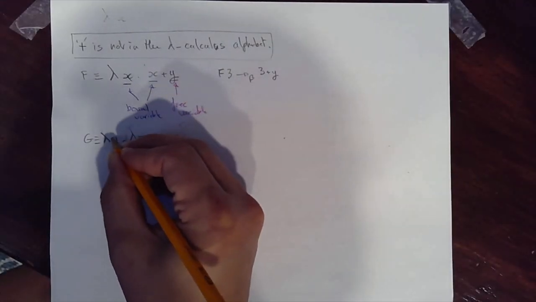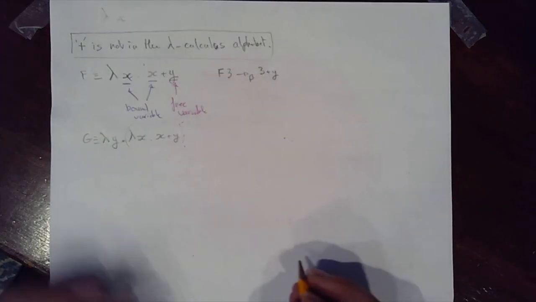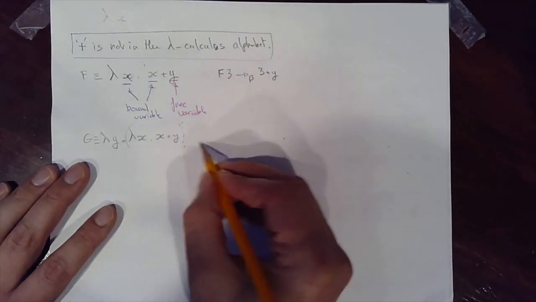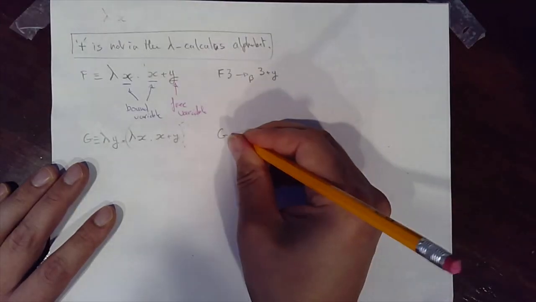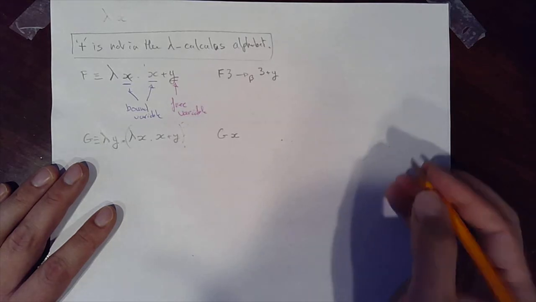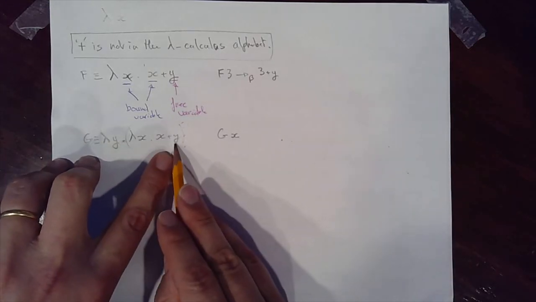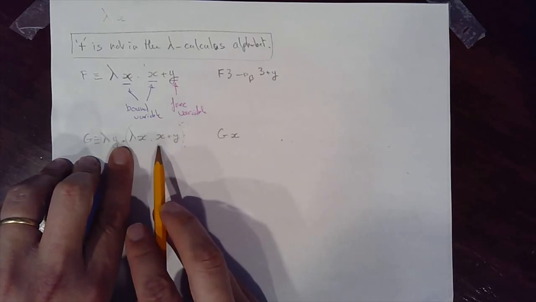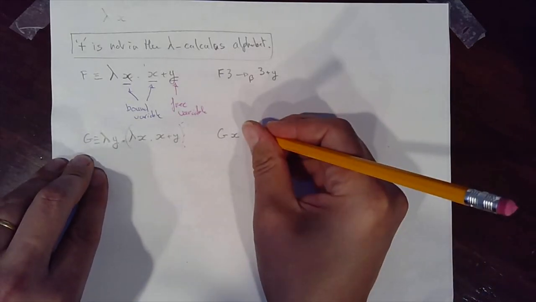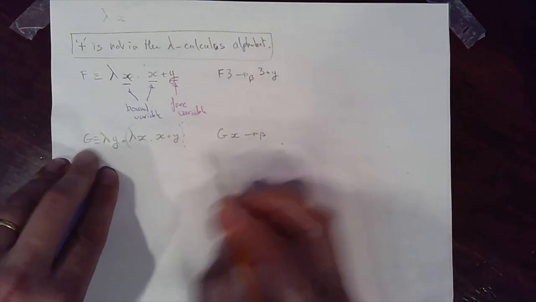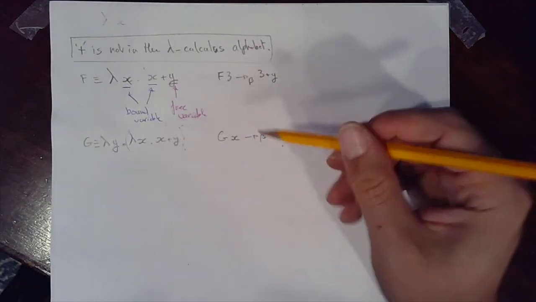This is because, say I apply G to X, I have a problem because my Y here is going to become an X. And now my expression is going to become 2x, right? X plus x. And that's not what I mean.